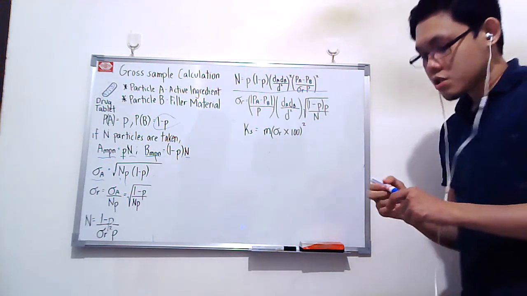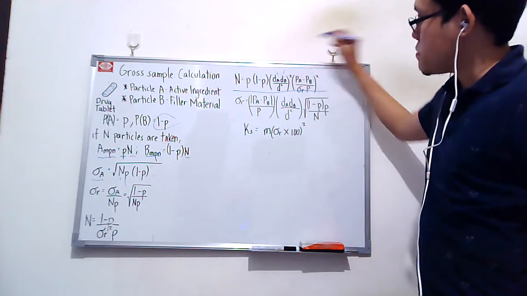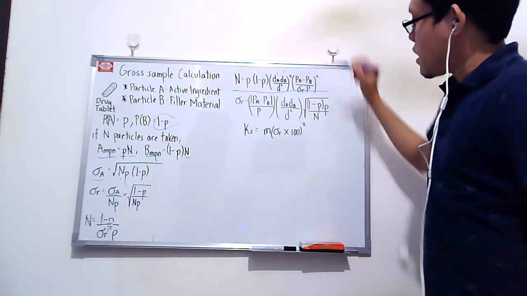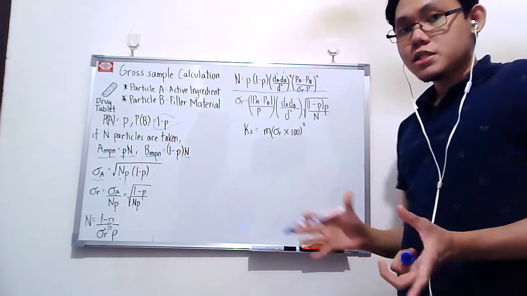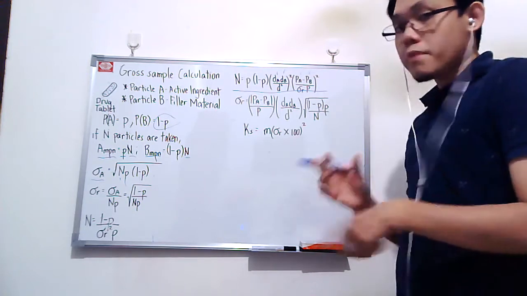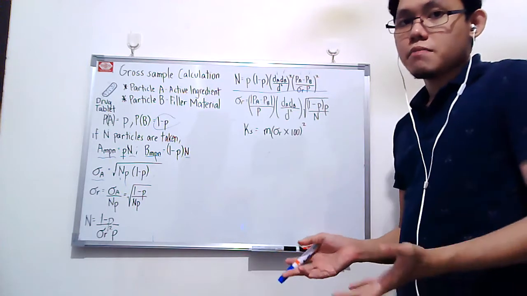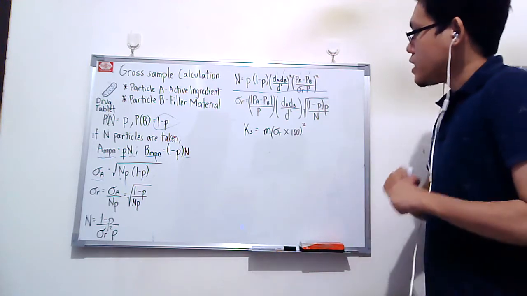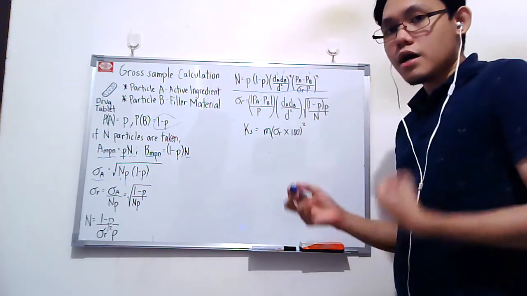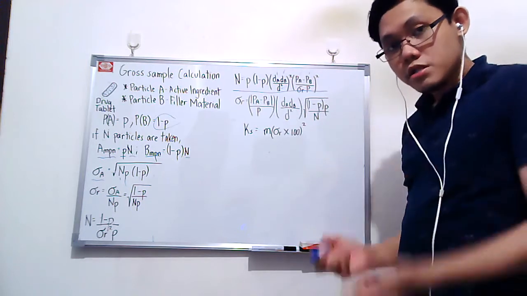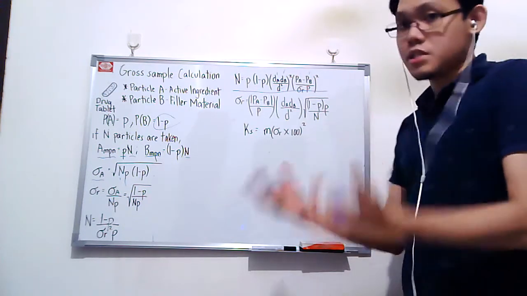Dito sa equation na to, mapapansin nyo, meron kang species A and then species B. Ang dA and dB represent the density of your A particles and B particles. Be reminded na hindi siya derivative, siya ay density. And then d squared is the average density. Ipapakita ko sa problem later in another video on how to use these different densities.